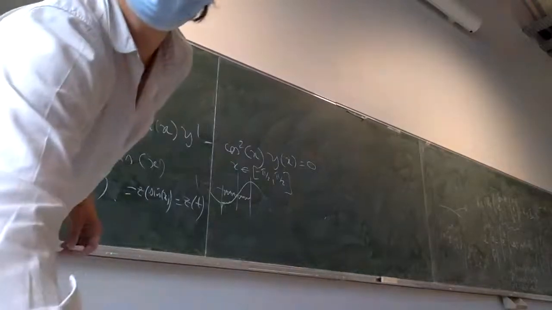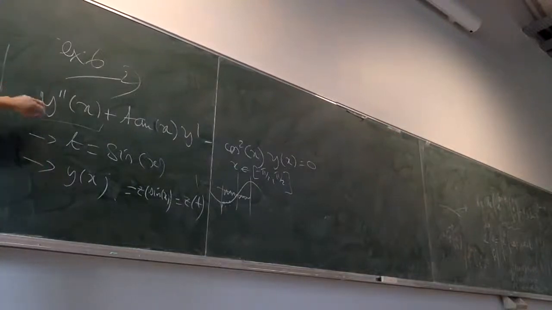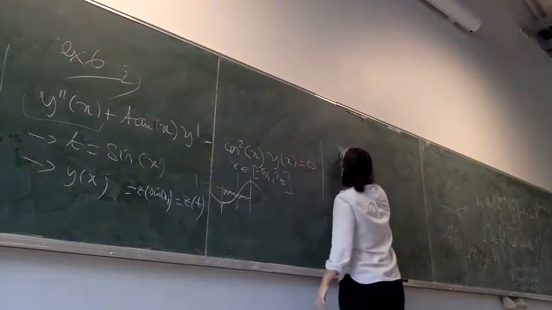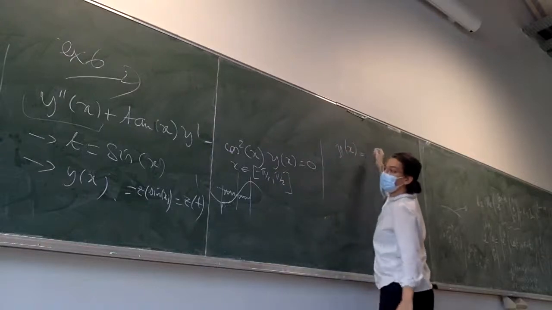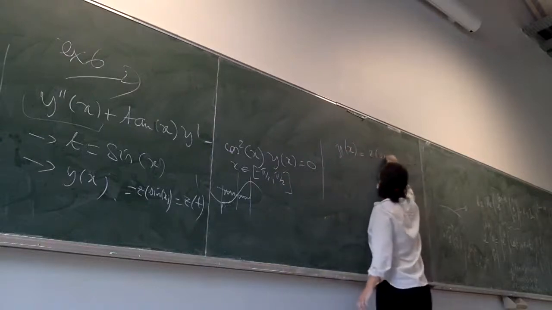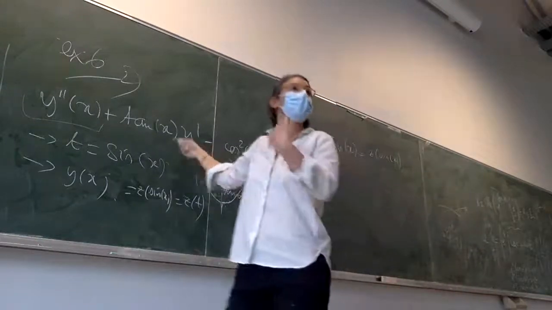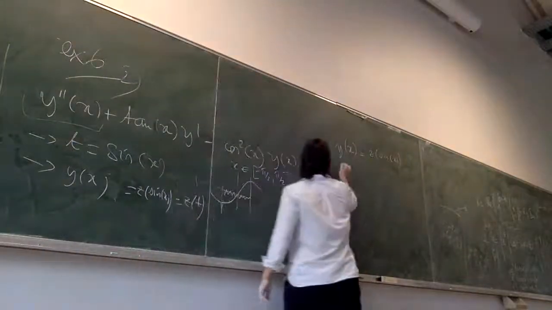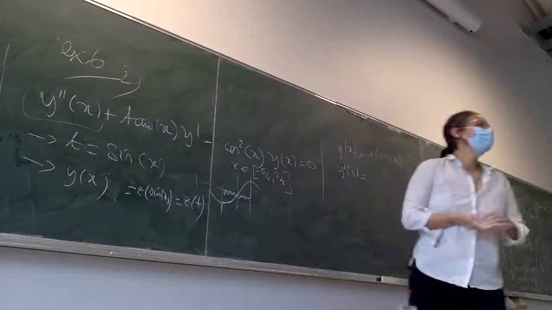Okay? So we have this definition, and we know that we want to express this using this function, so let's go, right? That means we start from here. y of x is equal to z of sine of x. So I need to see what it's going to give me to calculate y prime and y second. Okay, so y prime of x, what is that going to be?